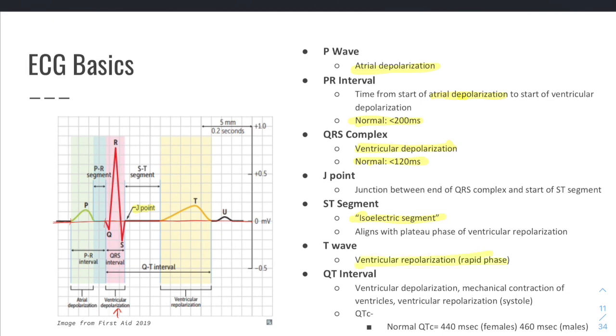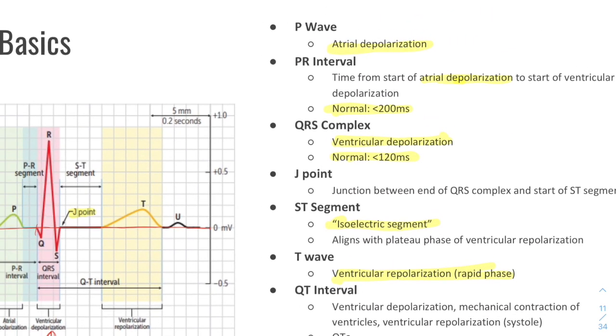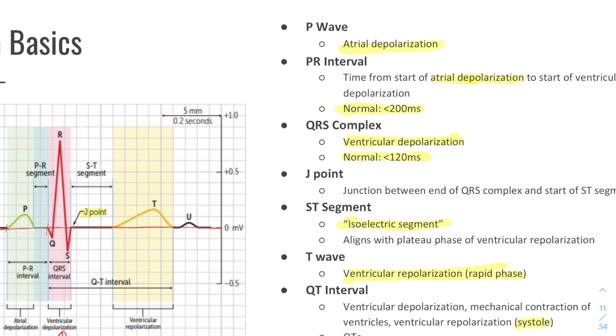And then the other important thing to keep in mind is your QT interval, which is your electrical proxy for systole. It is the period of time between the beginning of your QRS complex, which is of course ventricular depolarization, and the end of repolarization. So that is indicative of mechanical contraction.